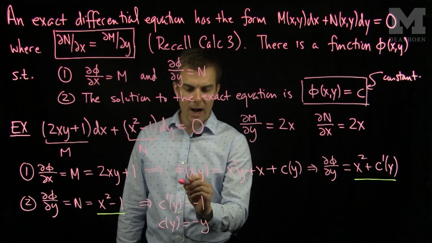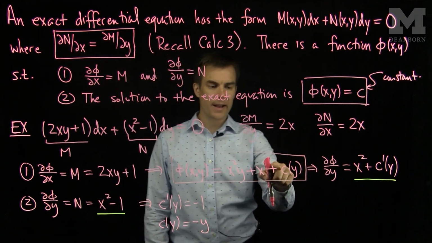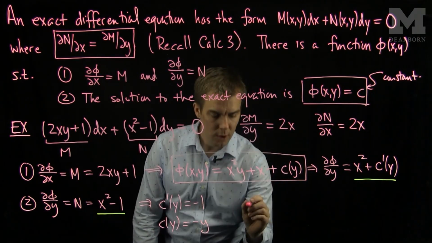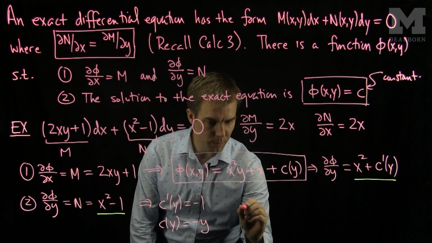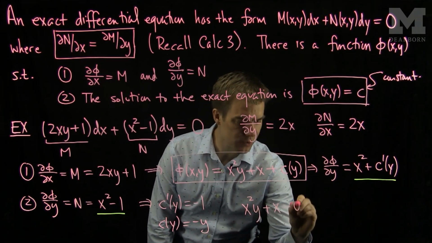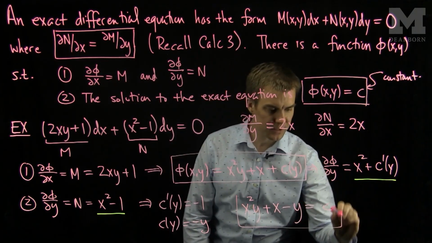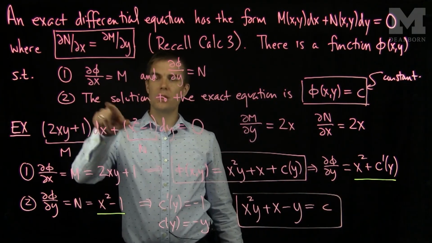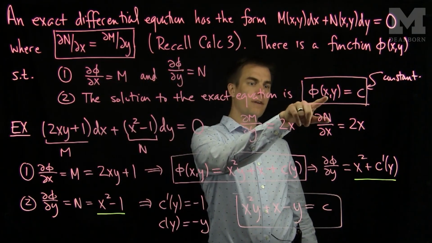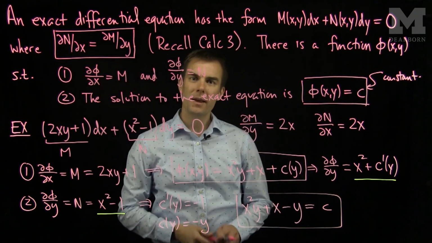And now I look back at my representation for phi, and I can substitute in c of y. So our solution will be x squared y plus x minus y equals our constant c. Since the solution to the equation is of the form phi of x,y, this function equals a constant c. Thank you.